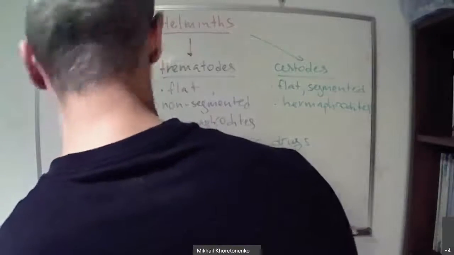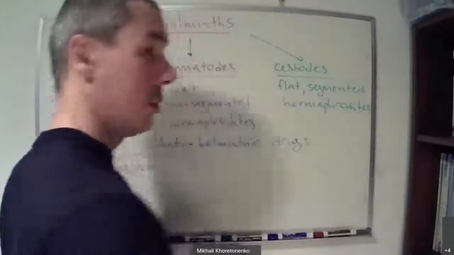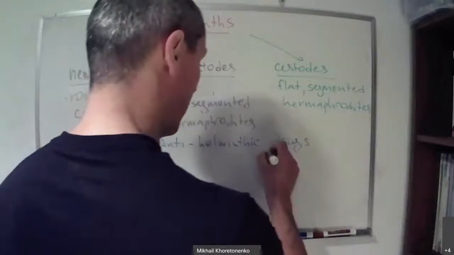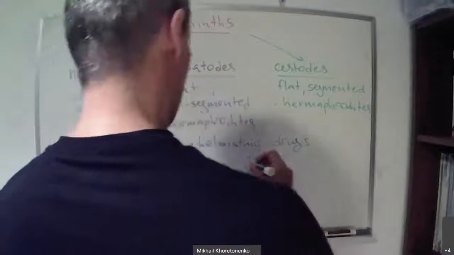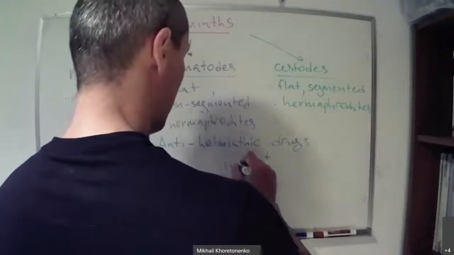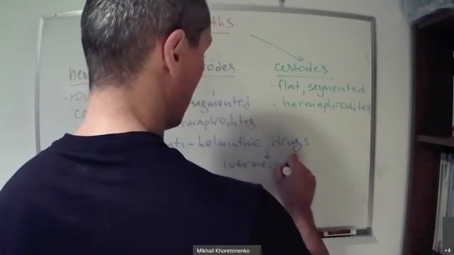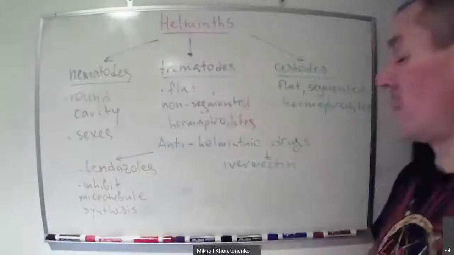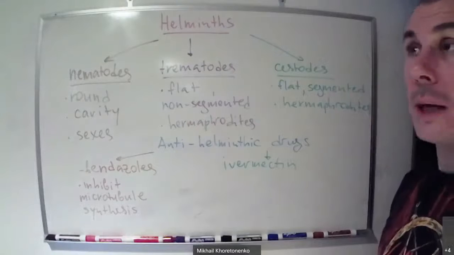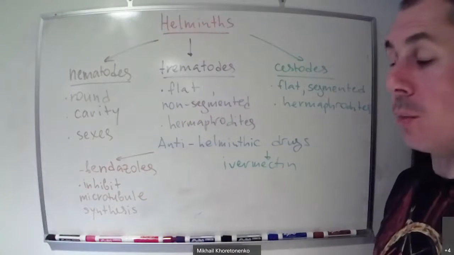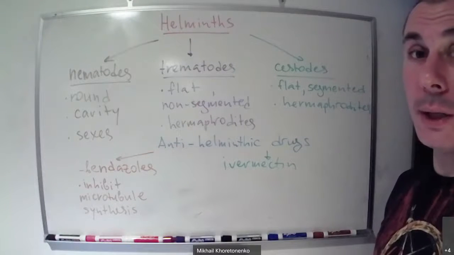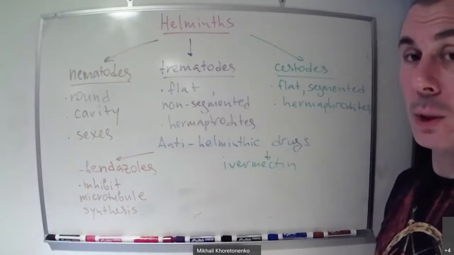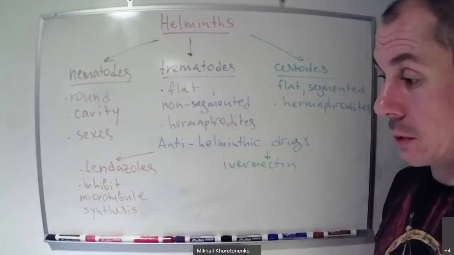Another drug that actually is so good that it deserved a Nobel Prize, and it received a Nobel Prize. Well, not the drug, but the people that discovered it. Ivermectin. So ivermectin is a main component of drugs that we use to prevent heartworm in dogs.